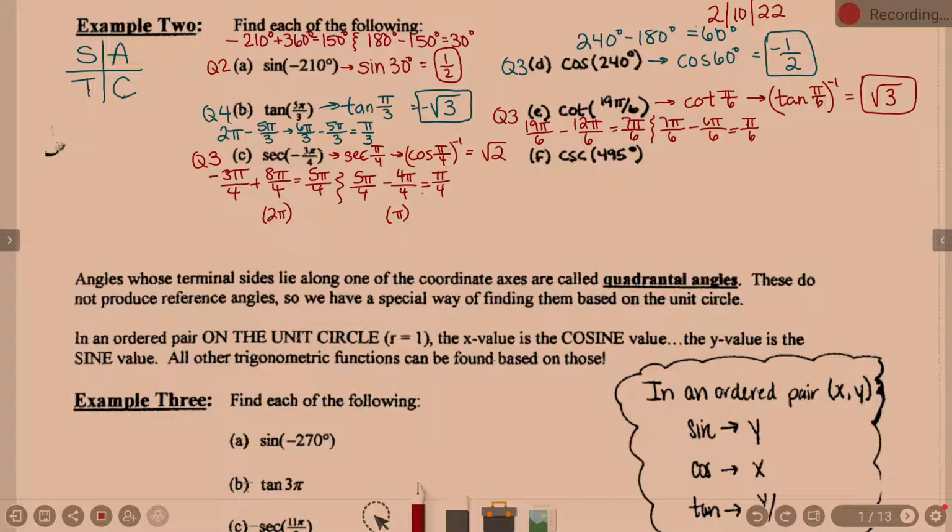Square root of 2. Or it's on your chart as the secant of pi over 4 is square root of 2. Positive or negative square root of 2? Okay, we're in quadrant 3, which is the tangent quadrant, so cosine is negative. So negative square root of 2.